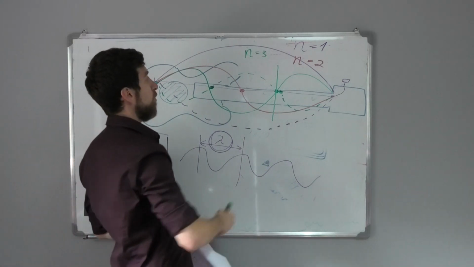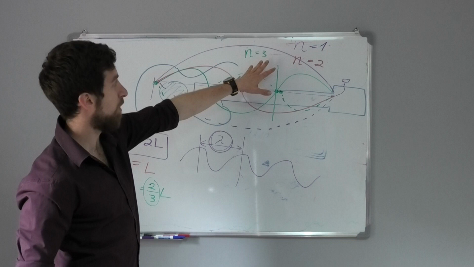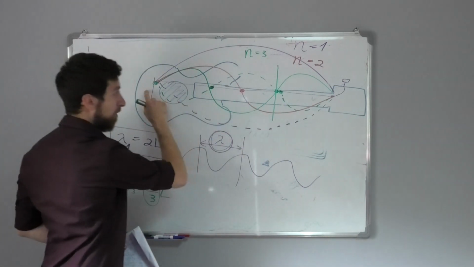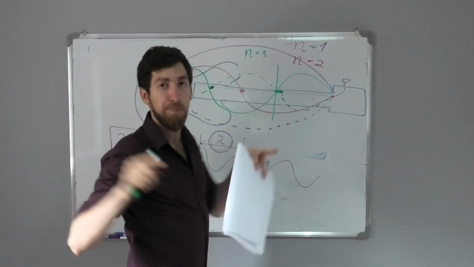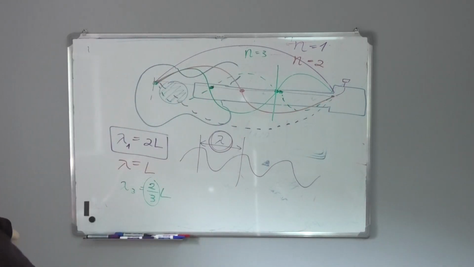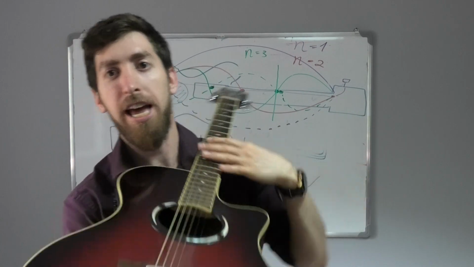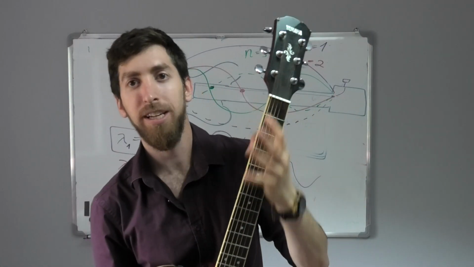So now I want to talk a little bit about this n. What is this n? The places that the guitar cannot move, for example, the start and the end here. The start here is called the bridge. And the head of the guitar here cannot move.